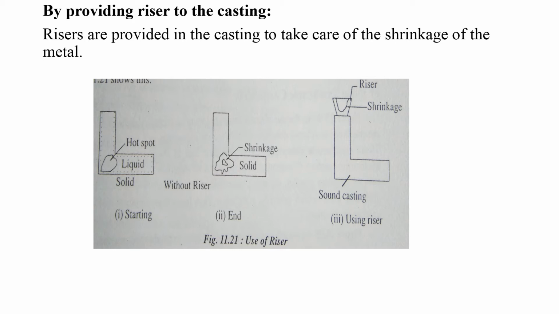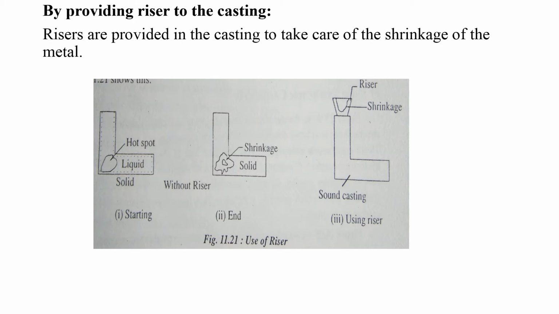So for the main function of the riser, there are two important points you can remember. The first is to show whether the cavity is completely filled or not. The cavity is what you prepare in the mold box according to the drawing.